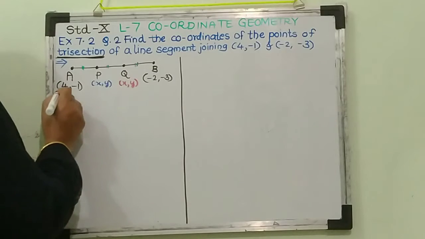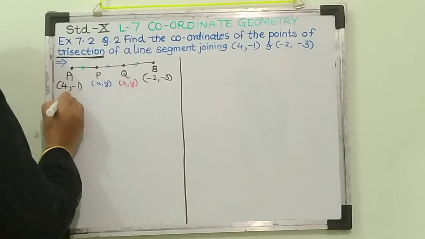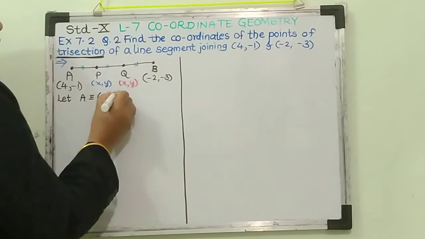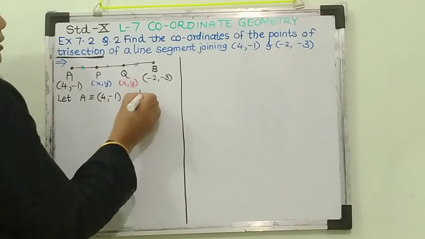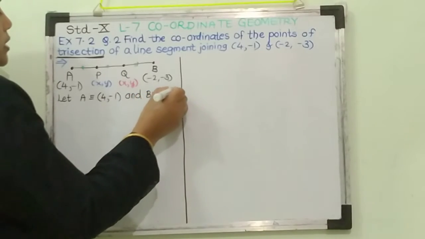Let the coordinates of A be (4, -1) and B be (-2, -3).